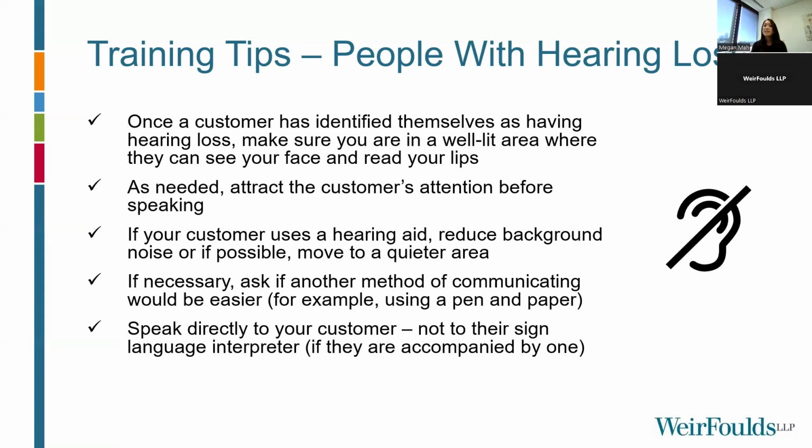And then finally, speaking directly to your customer or your client and not to their interpreter if they are accompanied by one. In terms of providing people with disabilities with dignity, that is generally a best practice that we recommend in general, not just with respect to people with hearing loss.